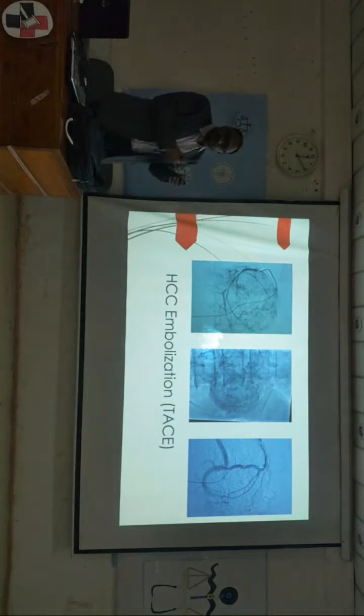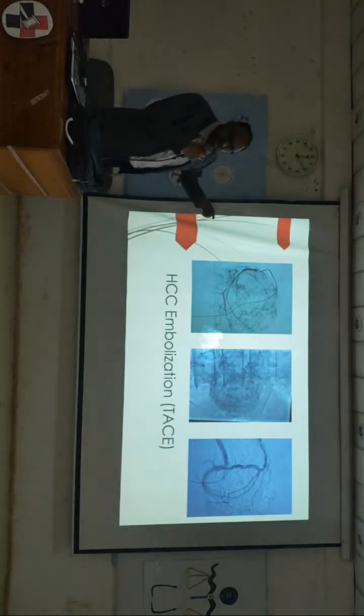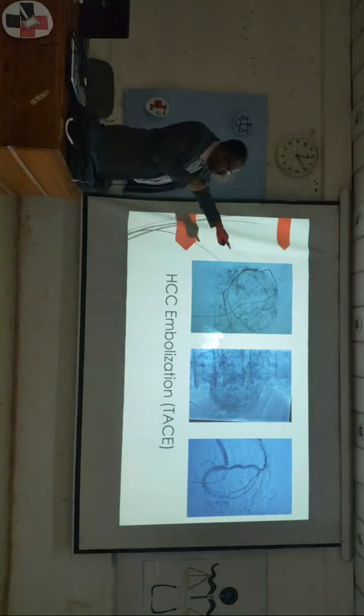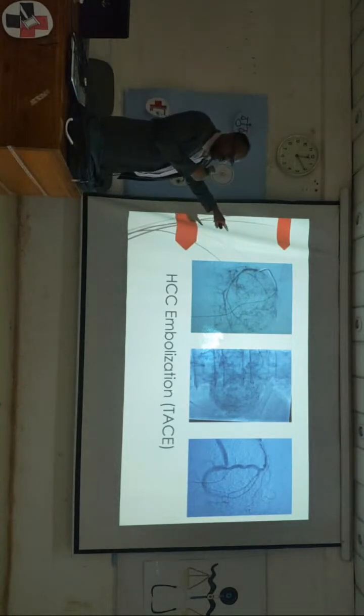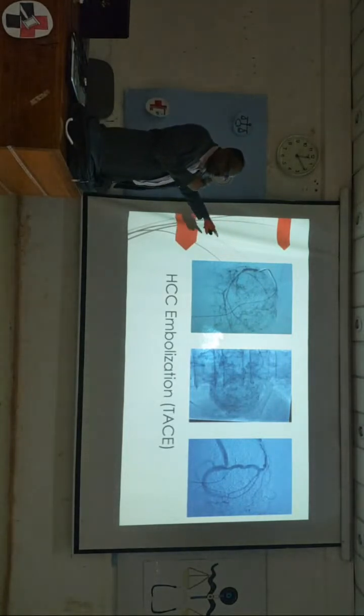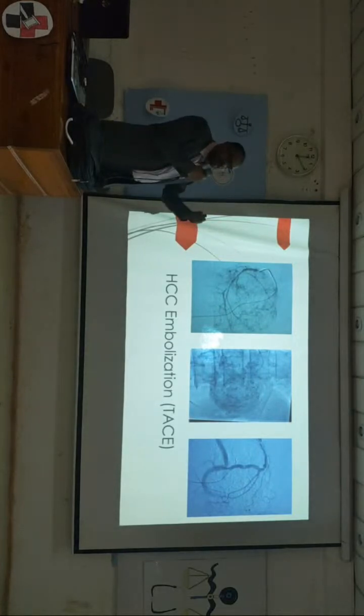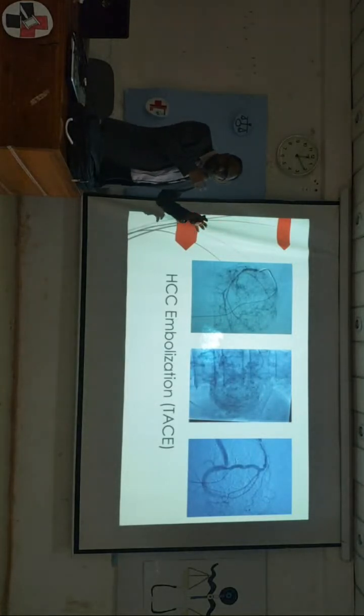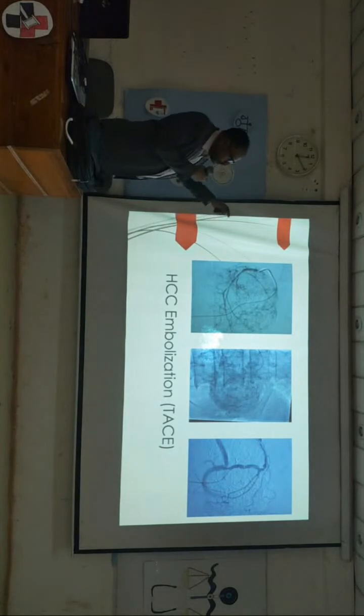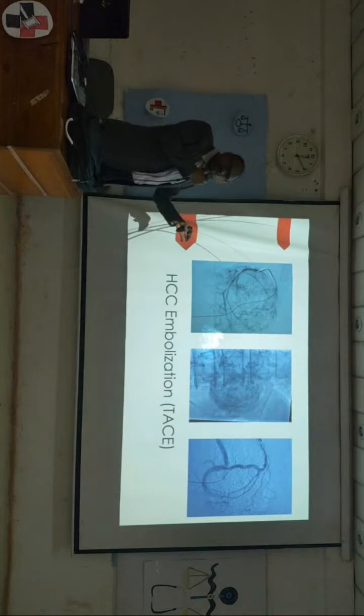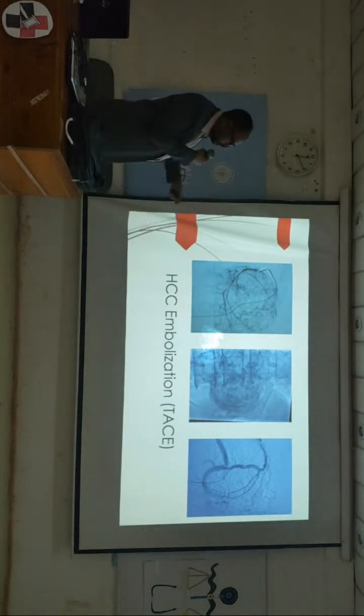Instead of systemic chemotherapy, we go by catheter directly to the arterial feeder of the tumor, and we inject the chemotherapy inside the tumor, and then we close the artery. So we cut the blood supply, and we infuse chemotherapy inside.